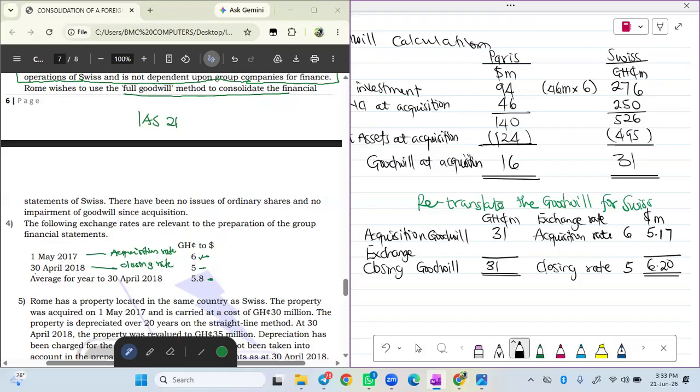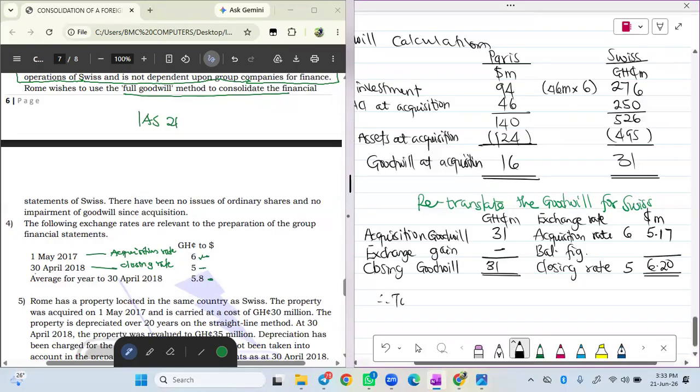So do you have exchange gain or exchange loss? Again, gain of 1.03. So total goodwill will be the $16 million for Paris plus the 6.2 million for Suez, because now it's in dollars.